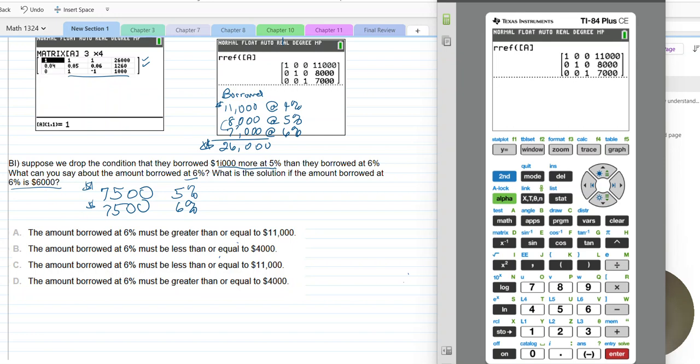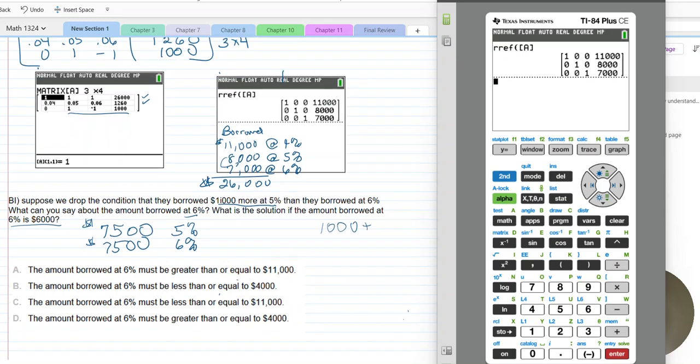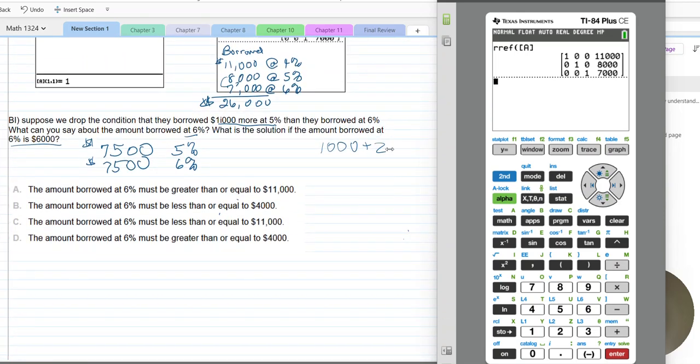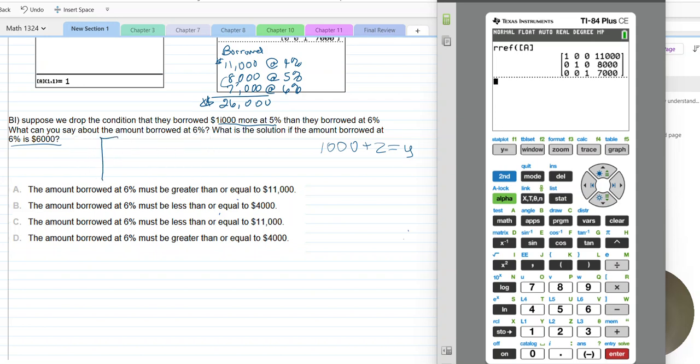What if we took away the 1,000? All right, well then, if we took away the 1,000, then 1,000 plus, what did we say up here? Z, Y. So we would have, oh, I see what we'd have. Okay. Then our matrix changes to this equals that.